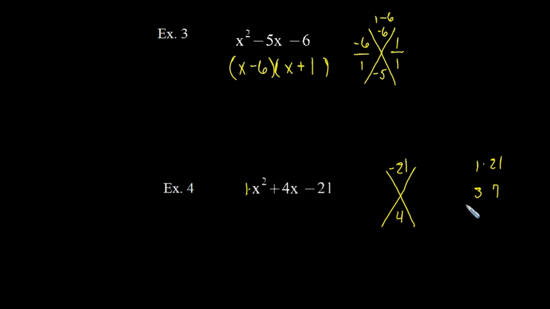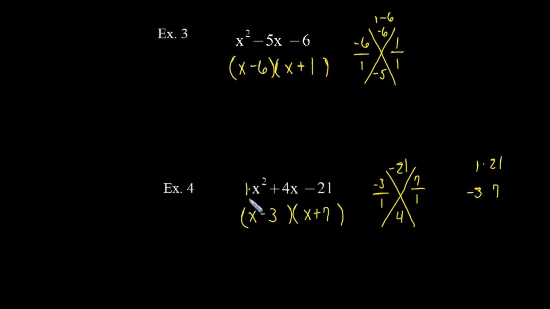So they're actually going to subtract. So we want 21 minus 1, which gives us a value of 20, or 7 minus 3, which gives us a value of 4. So we're going to make negative 3 and positive 7 over here in our side quadrants. And then we'll divide by the leading coefficient of 1. It's already simplified in these cases, so it's going to be 1x minus 3 and 1x plus 7.